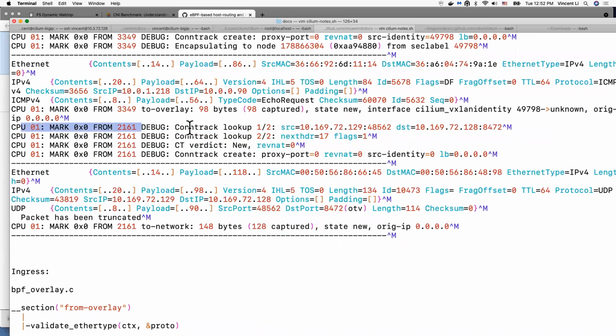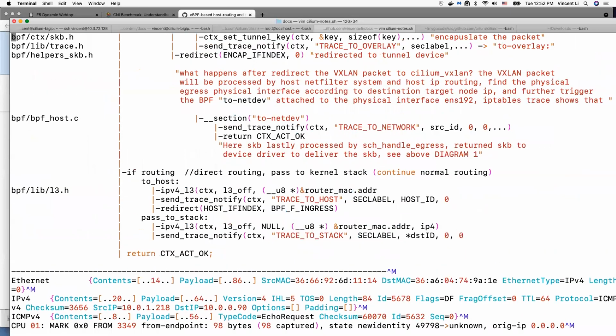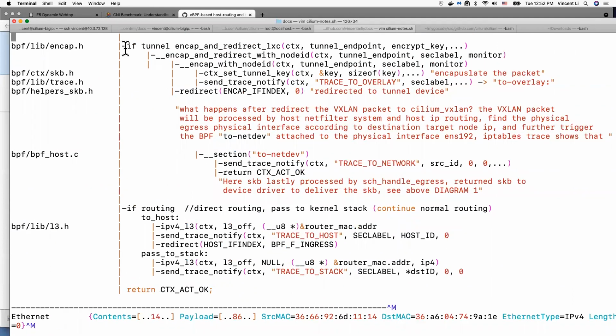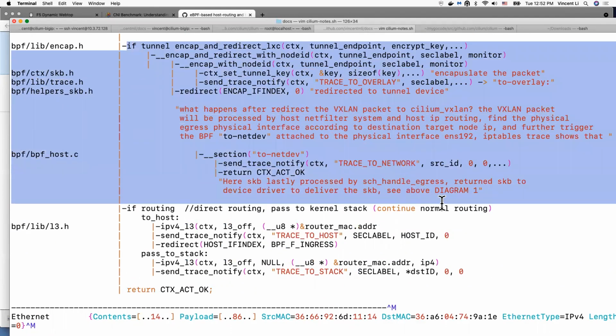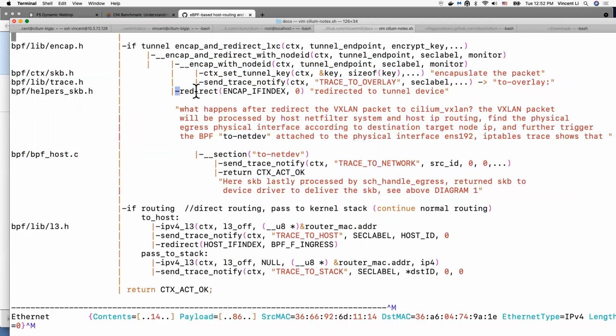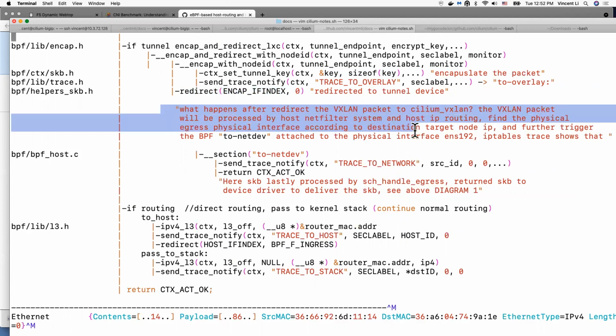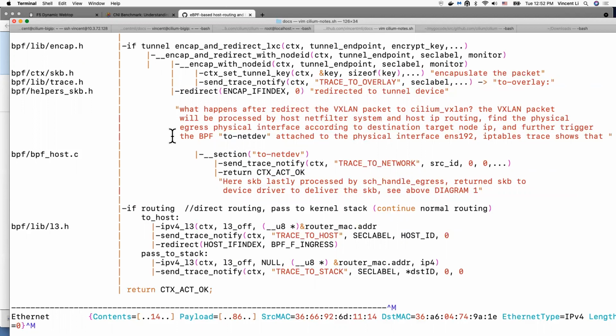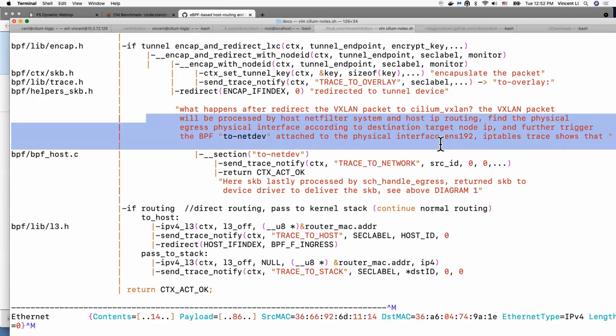I have not figured out what code triggers this. In my code path analysis, after the encapsulation and the redirect to the Cilium VXLAN interface, there is another contract lookup, but what code actually does the contract lookup is still a little mystery to me.